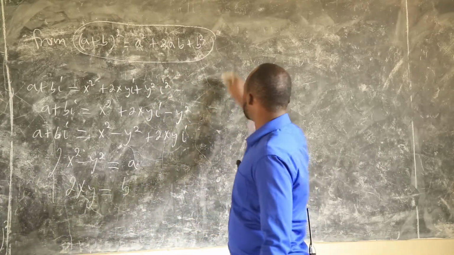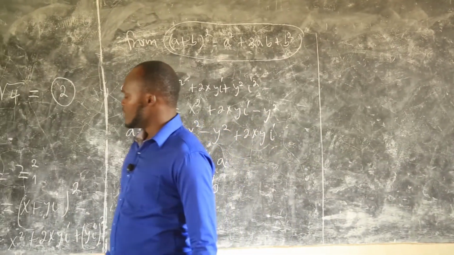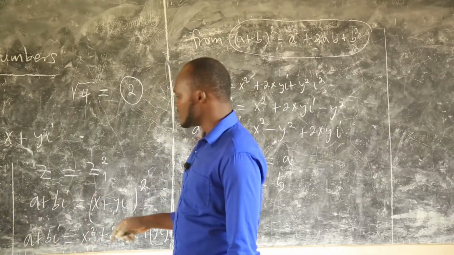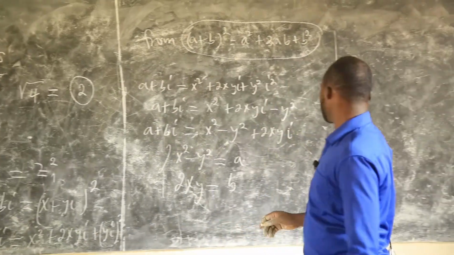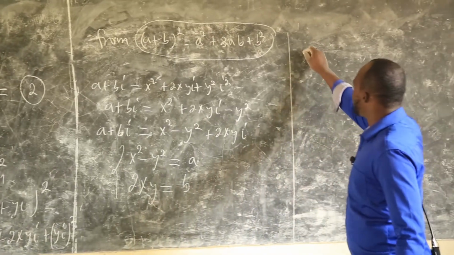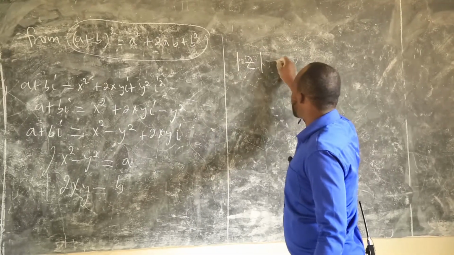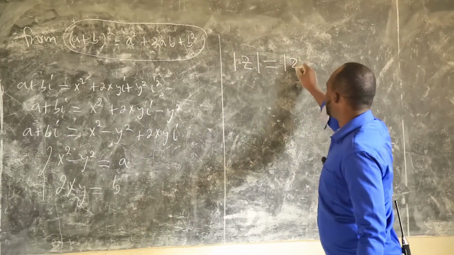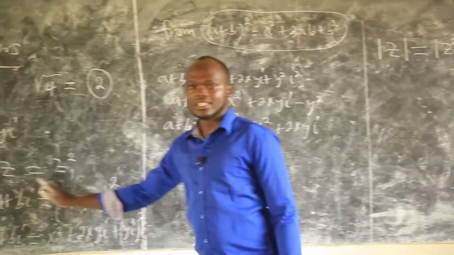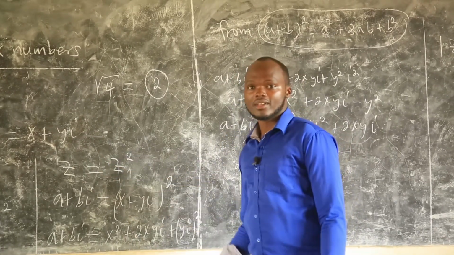So we have to keep these two equations. We use them when we are finding square root of a complex number. Then, number 2: the first one I've used equality, z equal to z1 squared. Now I'm going to use magnitude. You know that the magnitude of z is the same as the magnitude of z1 squared, because if z equal to z1 squared, then if I apply the magnitude, they will also be equal.